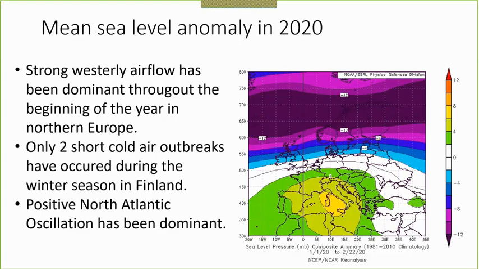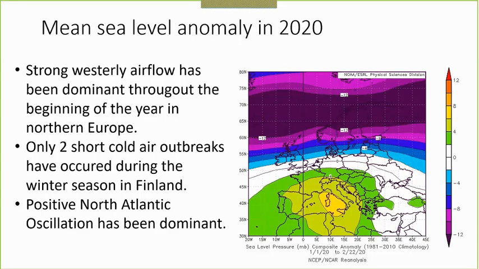But all in all, this has been the situation throughout the winter all around Europe: we have had really strong westerly airflows, dominant throughout the beginning of the year. And here in Finland, we have had only 2 short cold air outbreaks.